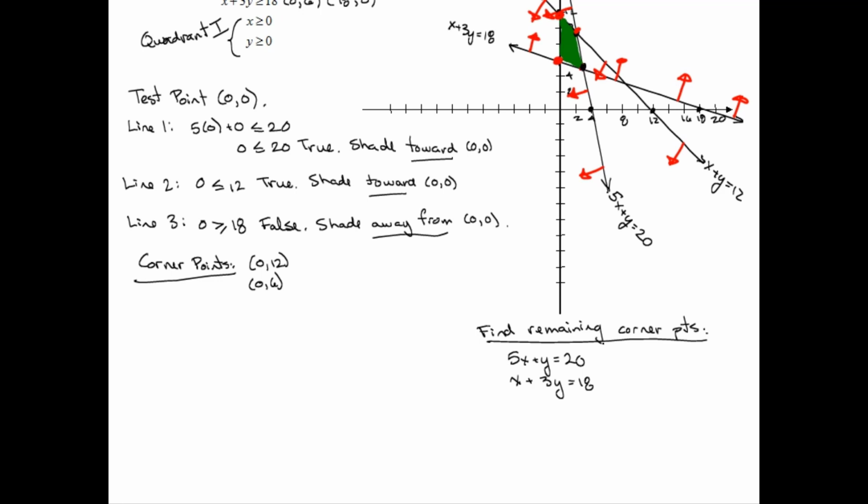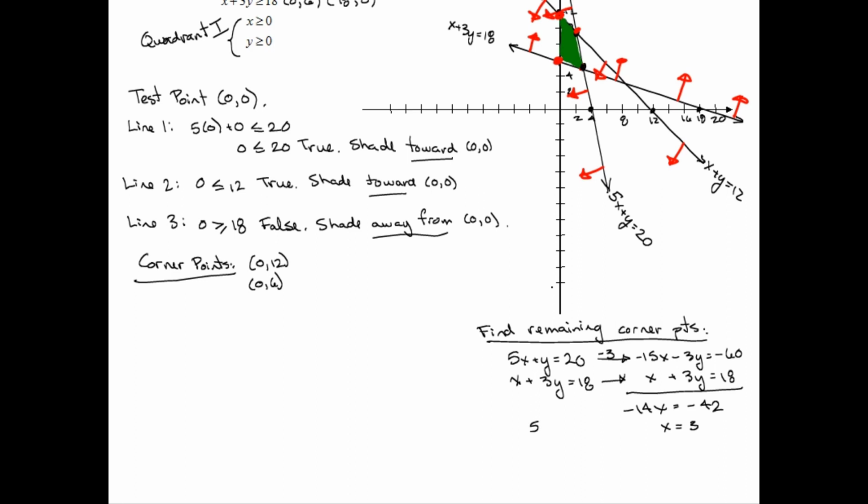Okay, so let's do elimination on these. I usually find that to be quickest, so I'm going to multiply my first one by -3. That gives me negative 15x minus 3y equals negative 60. Then when I add these, now I have negative 14x equals negative 42, and so my x is 3. Stick that into one or the other of your equations.